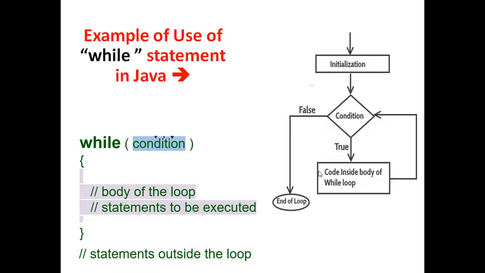If the condition is true, then only the compiler will move into the body part of the while loop and the statements will be executed. If the condition is false, it will move outside the while loop and the remaining part of the program will be executed. The same thing is shown in the diagram also.